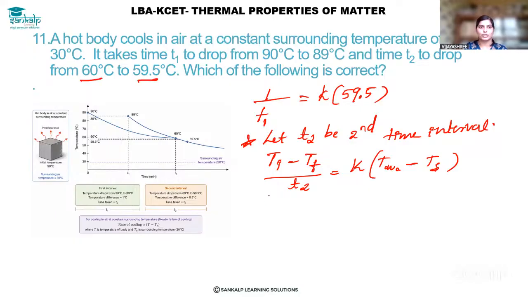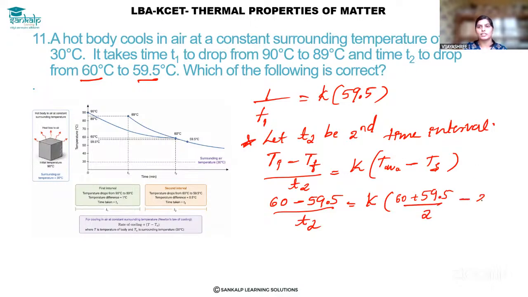Initial temperature 60 degree minus 59.5 degree divided by T2 is equal to K into T average, that is 60 plus 59.5 divided by 2, minus surrounding temperature, 30 degree Celsius, right?